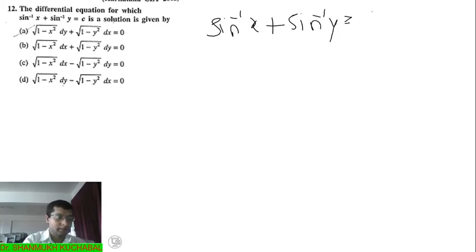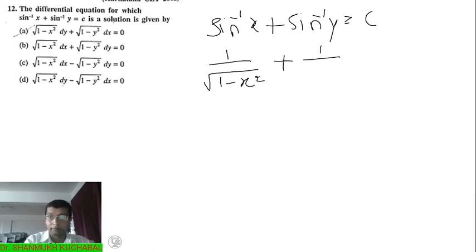Next, the differential equation for which sine inverse x plus sine inverse y equal to c is a solution is given by. So I take the given expression, sine inverse x plus sine inverse y equal to c. Further we differentiate. Sine inverse x differentiation is 1 by under the square root of 1 minus x square, and sine inverse y is 1 divided by root of 1 minus y square, and y is a dependent variable, so we write into dy by dx.